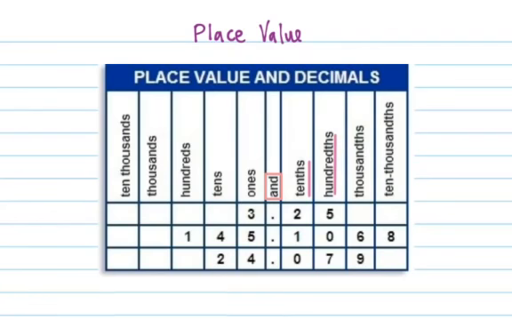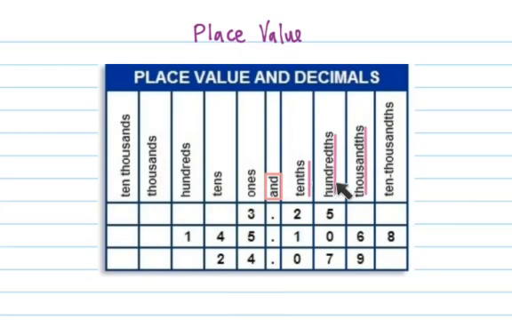The next thing we're going to talk about is thousandths. Thousandths come after hundredths. So the major difference between the right side of the place value chart and the left side is the left side has ones, and then we don't have anything called oneths. So we just start off with tenths. So that's the main difference.